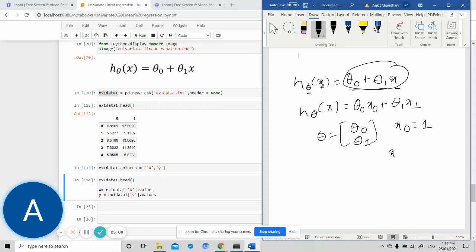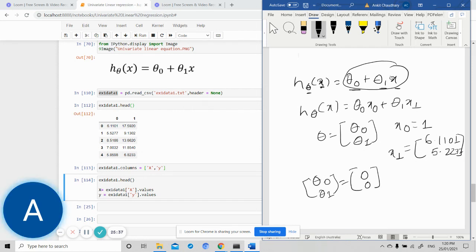So our x1 will be our one new feature, which is 6.1101, 5.2277. Initially we will set our theta 0 and theta 1 as 0, 0.